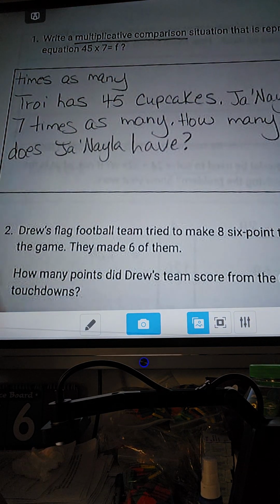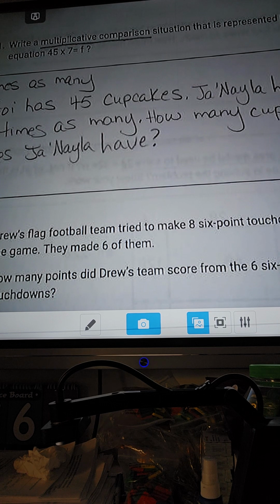Okay, write your own multiplicative comparison situation. Write your own now. Not mine, yours.